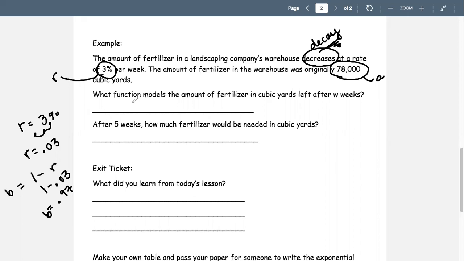So my function, someone who hasn't gone, what would my function be? Speak up. Sophia?